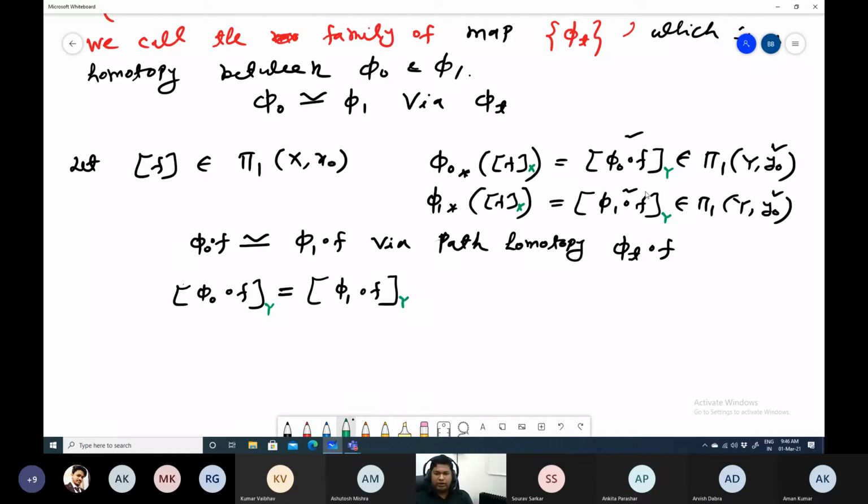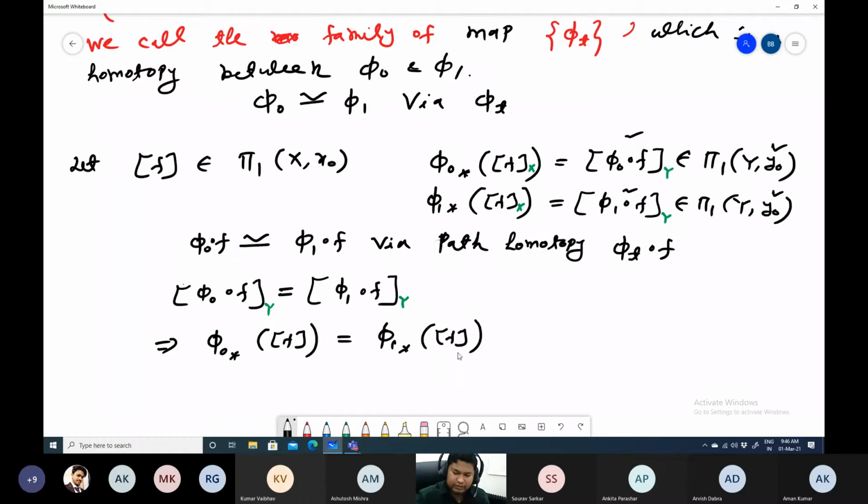This is a homotopy class in Y, and this is a homotopy class in X. You can try to practice that, then there will be no confusion. So phi 0 star f is the same as phi 1 star f, and this is true for all f from pi 1 of X comma x0.